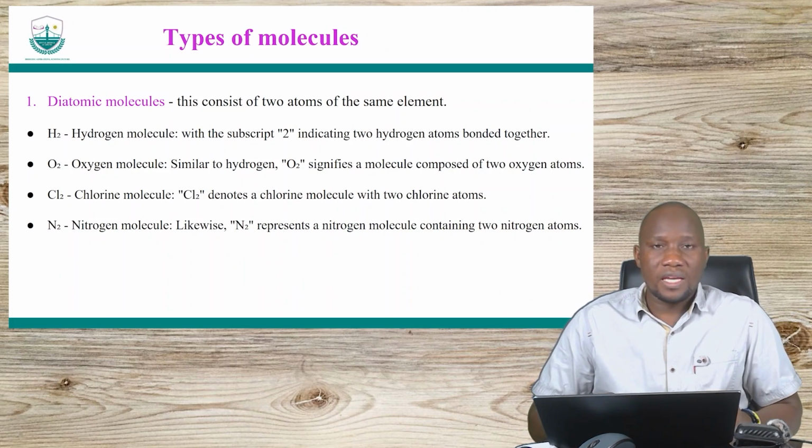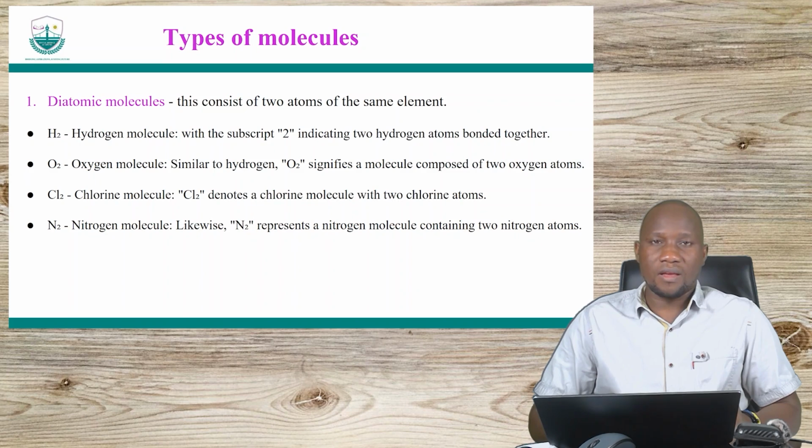So what we call the diatomic molecules, these molecules that consist of two atoms, okay? And most of the gases, chlorine, hydrogen, oxygen, and nitrogen, these are diatomic gases. So we can say they exist as diatomic molecules, okay?